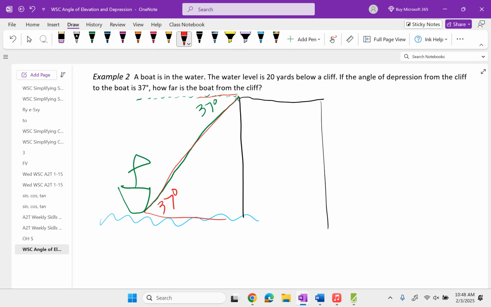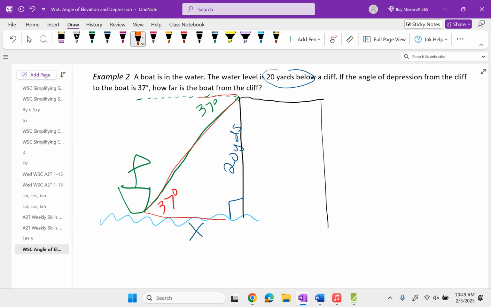Okay, we also have to label some other things. The water level is 20 yards below the cliff, so this is 20 yards. It wants to know how far the boat is from the cliff, so they want this value right here.